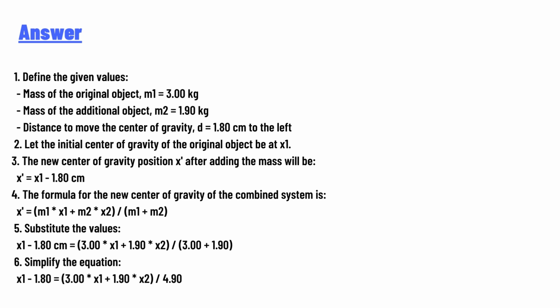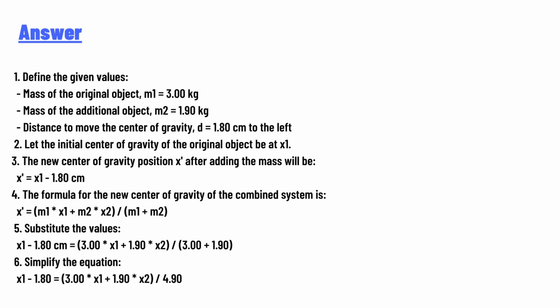The formula for the new center of gravity of the combined system is x = (m1 times x1 plus m2 times x2) over (m1 plus m2). Substitute the values: x1 minus 1.80 centimeters is equal to (3.00 times x1 plus 1.90 times x2) over (3.00 plus 1.90).